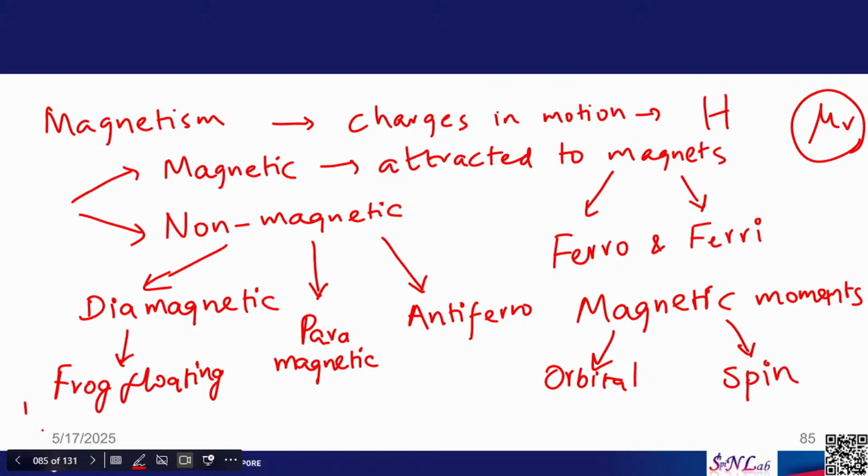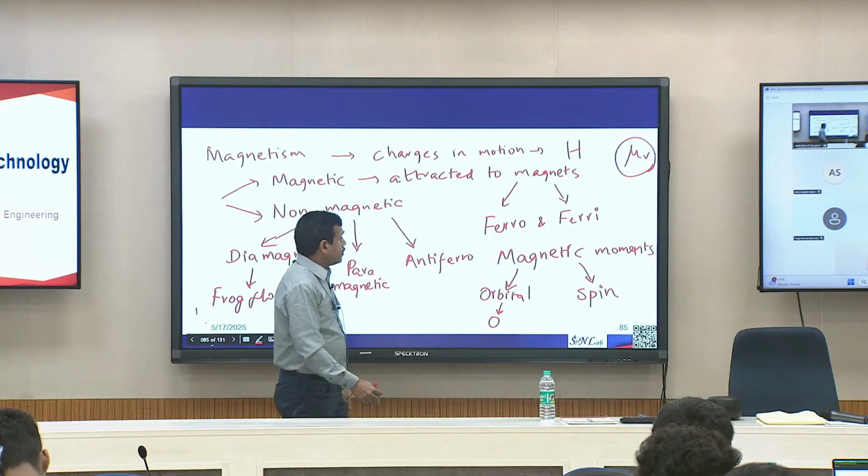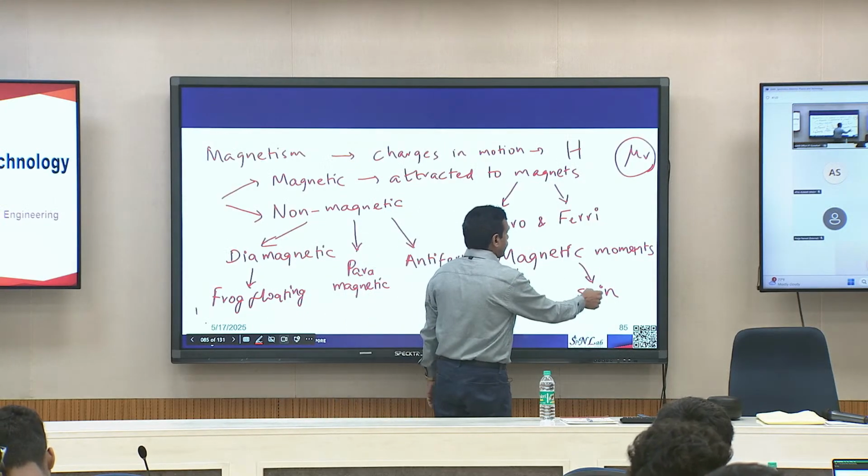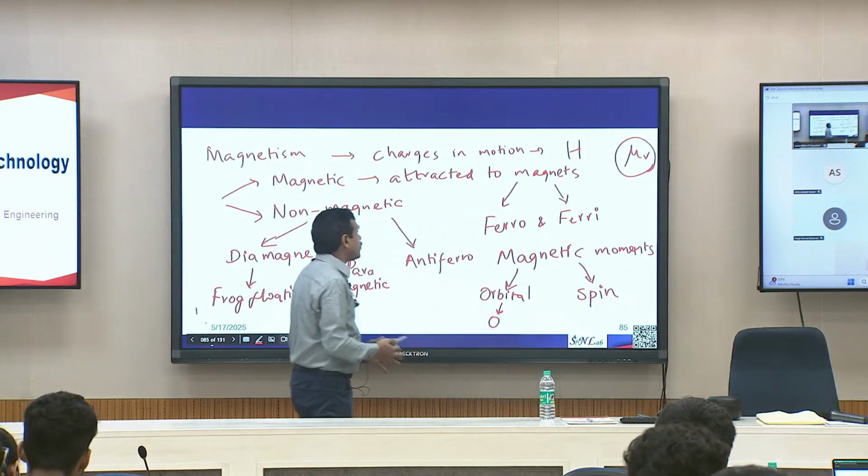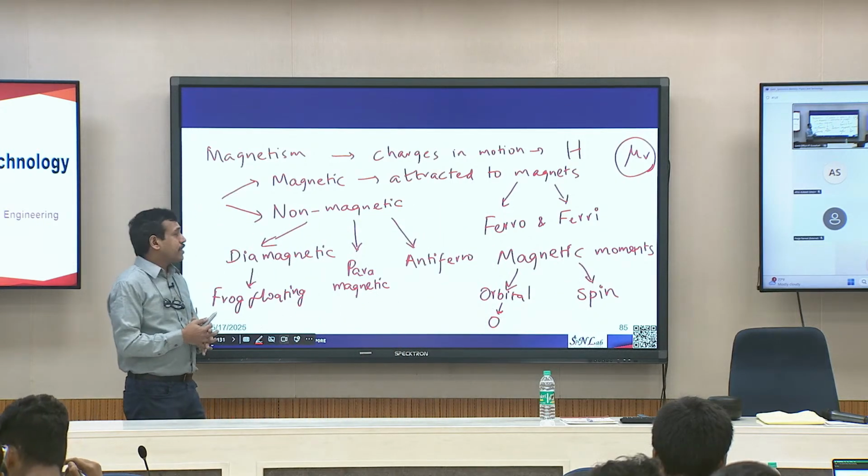Okay. So, we have these two properties, and I told you that in materials like iron, cobalt, nickel, when you place them in a solid state, the orbital moment is quenched, basically it is 0, no contribution. So, it is the spin that will finally give rise to the atomic magnetic moments.